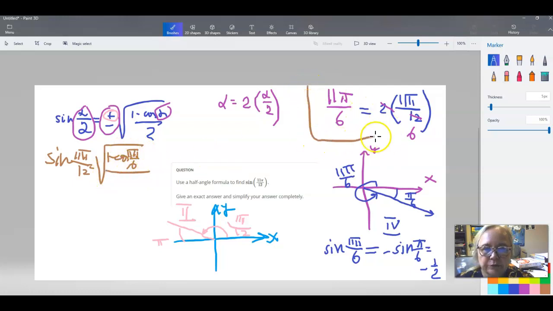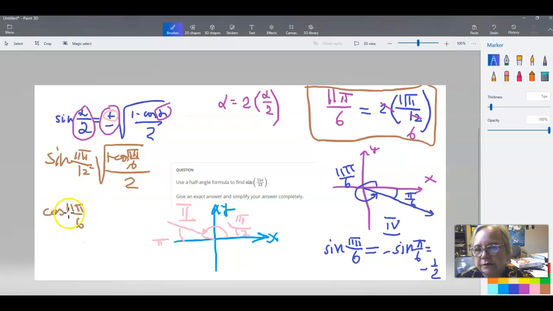We already proved that 11 pi over 6 is the double angle. Now what is cosine of 11 pi over 6? Cosine is positive because it's in the fourth quadrant. Cosine is the x coordinate, and cosine 11 pi over 6 is square root of 3 over 2.